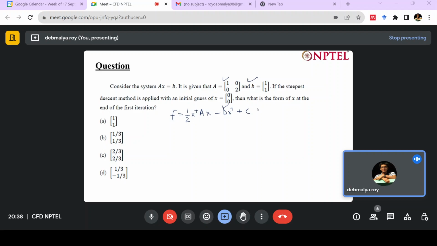All right. So this is the form of f. The initial guess value is given. If we put the initial guess value, we would get a particular value of f. In the steepest descent method, with this initial guess we will have a particular f value, and this would give us a particular curve in a three-dimensional plane.